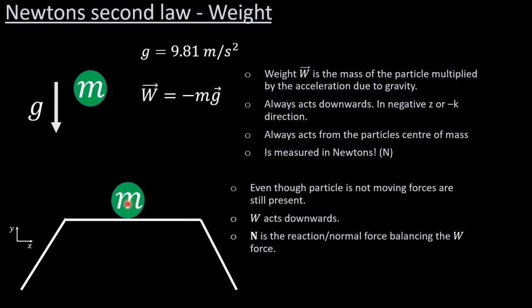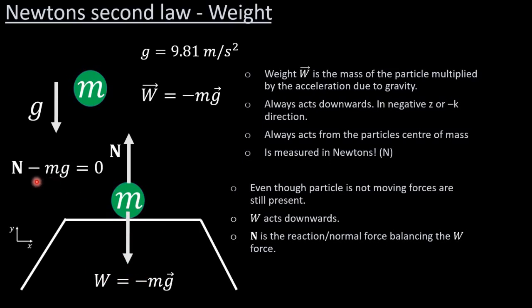If a force is acting on that particle in the downwards direction, which will be the weight, we can see that the particle won't accelerate, which means it must be balanced with another force. So that support must be exerting another force in the opposite direction to keep it balanced, and that is the reaction force. Weight is always acting downwards, and that's equal to minus m times g, and that is balanced by the normal reaction force from the support, which keeps the particle stationary.